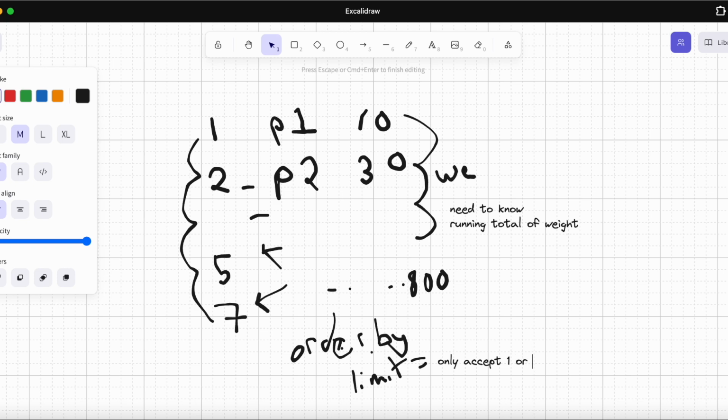Limit is where we only accept 1 or however many rows of data we want. So we can limit the resulting data set to just 1 row, or we can have 5. So yeah, that's the idea here.